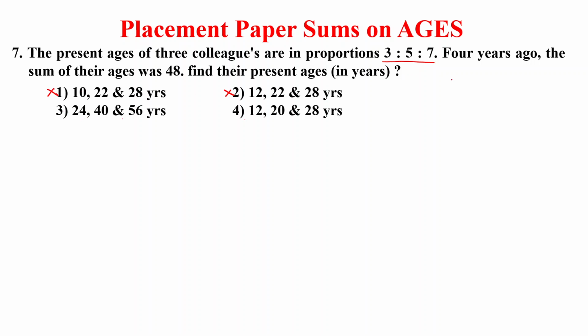Now what they have told, 4 years ago the sum of their ages was 48. That means, suppose the first person's age, second person's age and third person's age, if we do the sum of that, it is going to be 48. 4 years ago, that means the age of that person is minus 4, minus 4, minus 4.